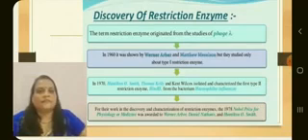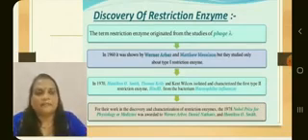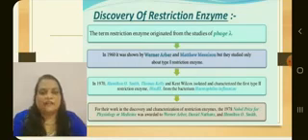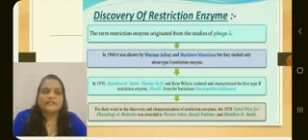This particular term, restriction, originated from the studies on lambda phage. In 1960, Werner Arber and Matthew Meselson found the type 1 restriction enzyme. But in 1970, Hamilton Smith, along with Wilcox, isolated HindII from Haemophilus influenzae.